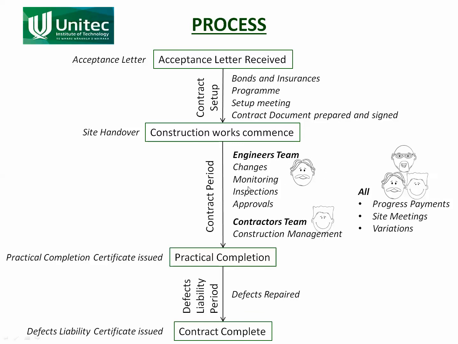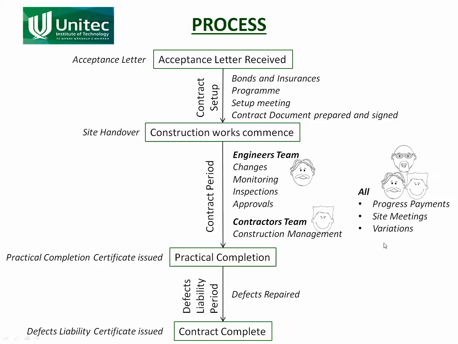The contractor's team is concerned with the construction management, making it happen, making sure that the resources they have build the completed works and that the completed works comply with the contract requirements. All people, all parties, the client, the contractor and the consultant, are all concerned with the project progress payment process. There are site meetings and variations. We'll be looking at each one of those later on in the following slidecasts.